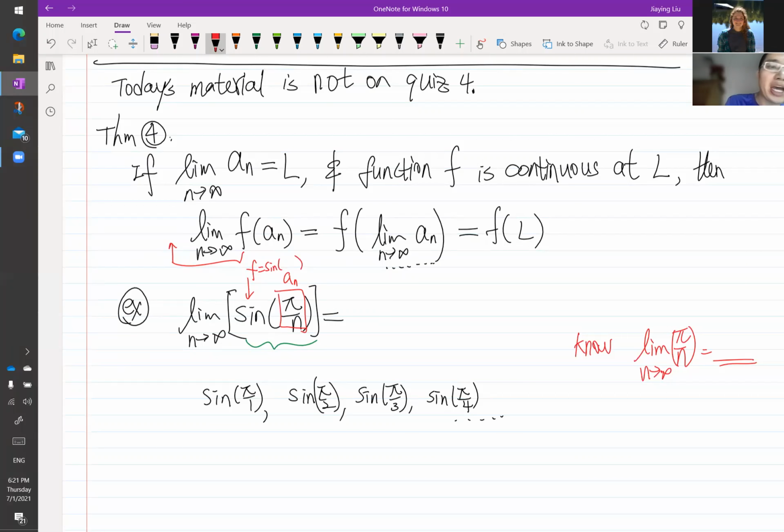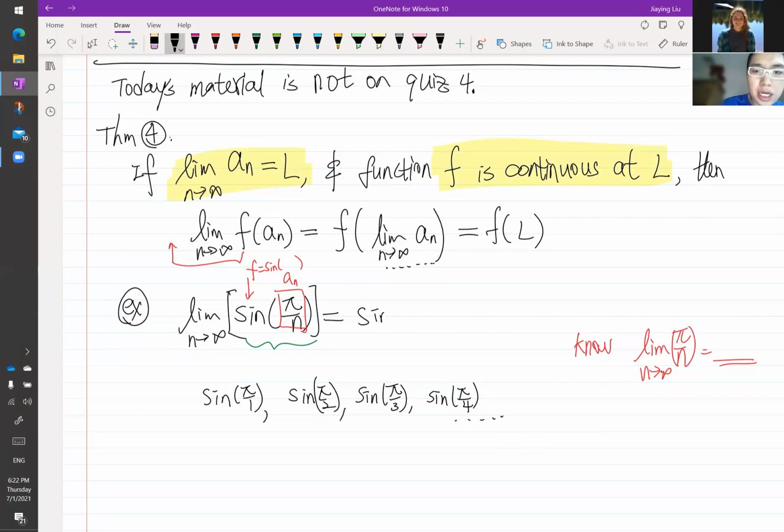So in this example, the limit of the sequence exists, and we know the function is continuous at that limit. The sine function is continuous. So we have both. That means we can apply the theorem directly, which says we can bring the function outside. The function is sine, so I'm going to bring it outside.